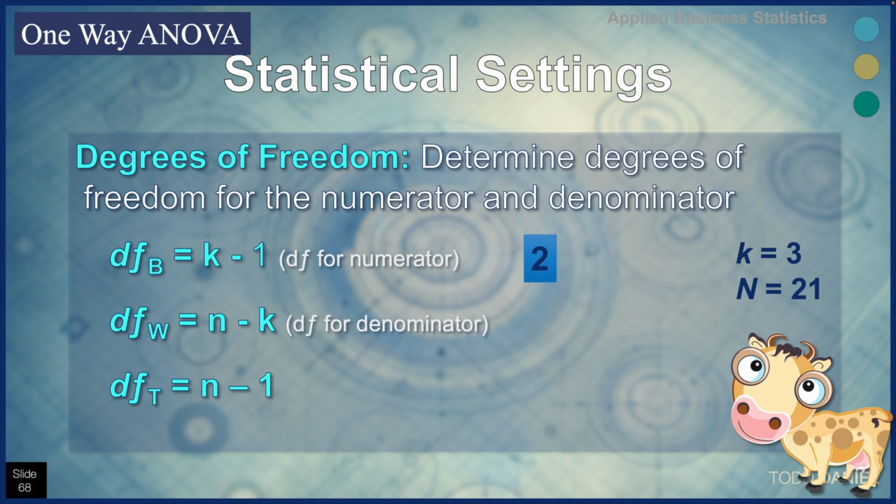K is the number of groups. In our example, we have 3 groups, so k minus 1 equals 2. The degrees of freedom within is the degrees of freedom for our denominator, and that is n minus k. The total number of participants is 21 minus our 3 groups. The degrees of freedom within is 18.